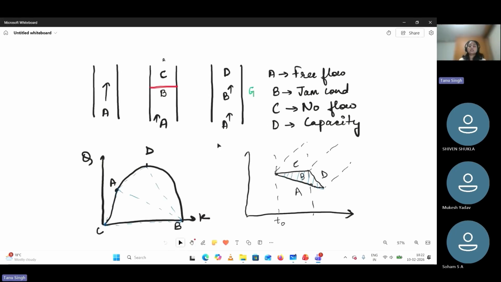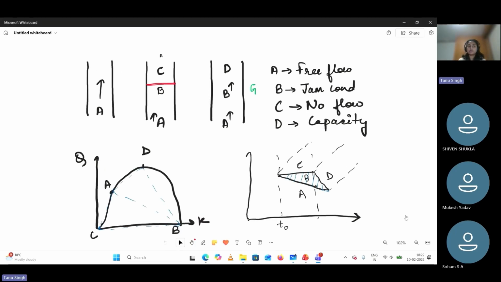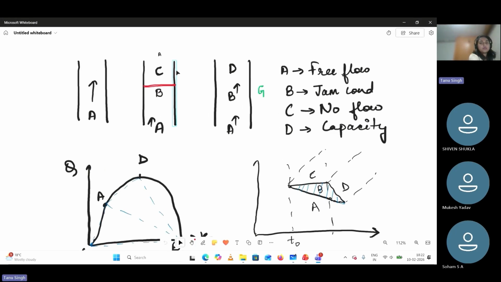So we will understand the condition of a signal. First I will explain with the example of a traffic signal.